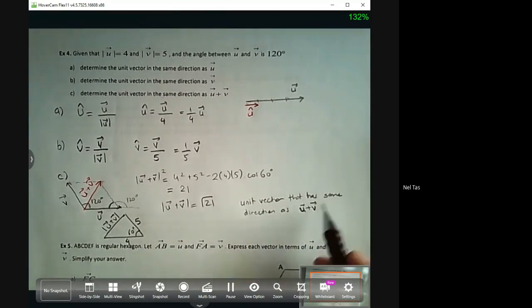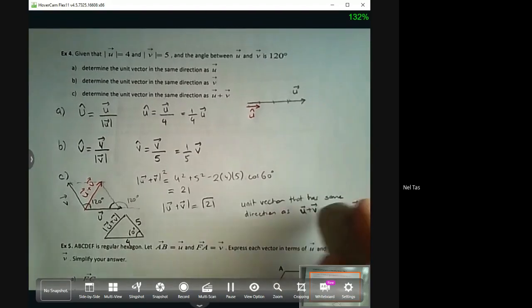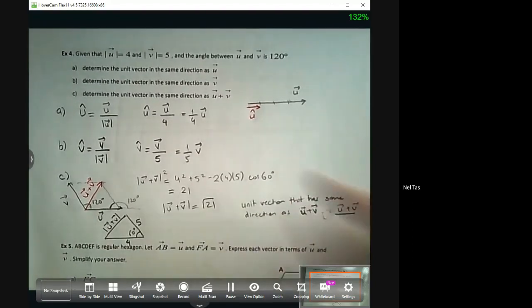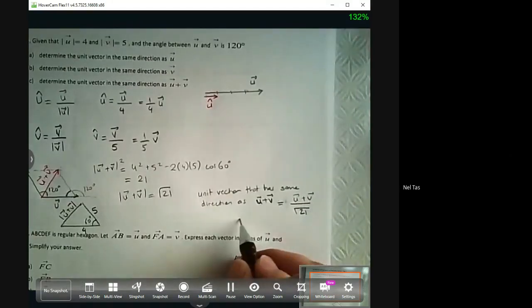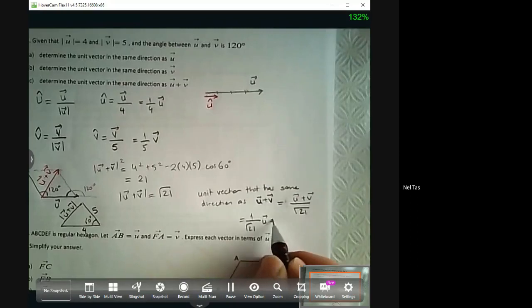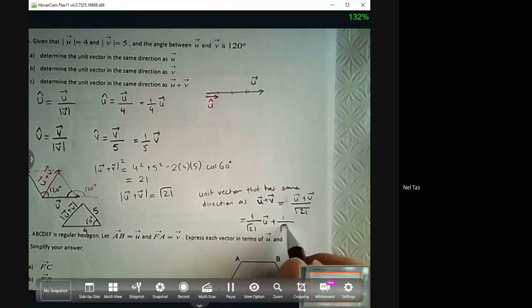Then we divide U plus V, I think I can put an equal sign here, divided by magnitude of U plus V, which is root 21. Basically, this is equal to 1 over root 21 U plus 1 over root 21 V vector.